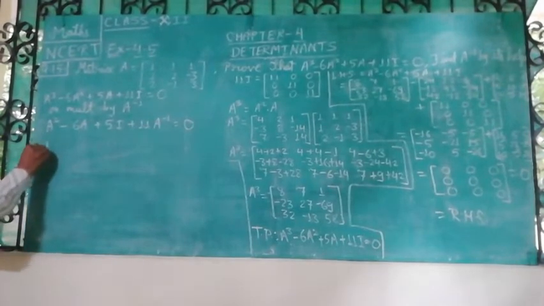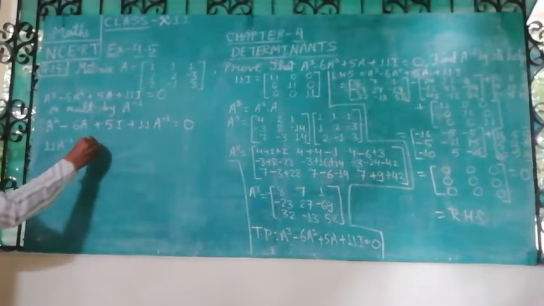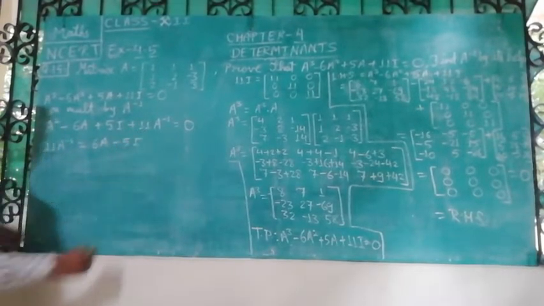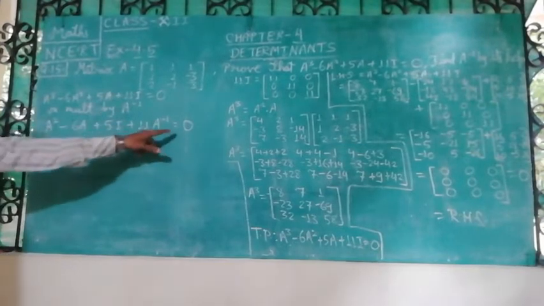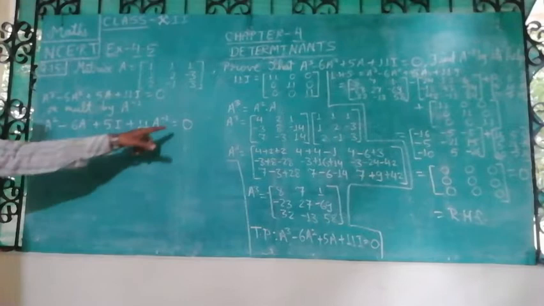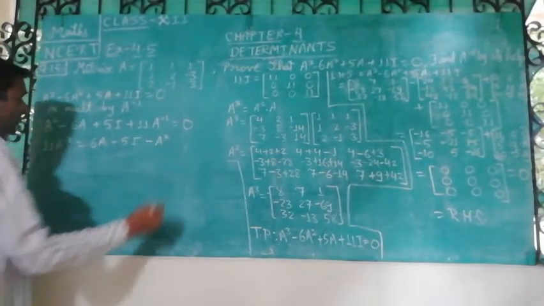So what we can conclude from here is that 11A inverse is equal to 6A minus 5I, because this 6A will become positive in the RHS, 5I becomes negative in the RHS, and A square will become negative, so minus A square.